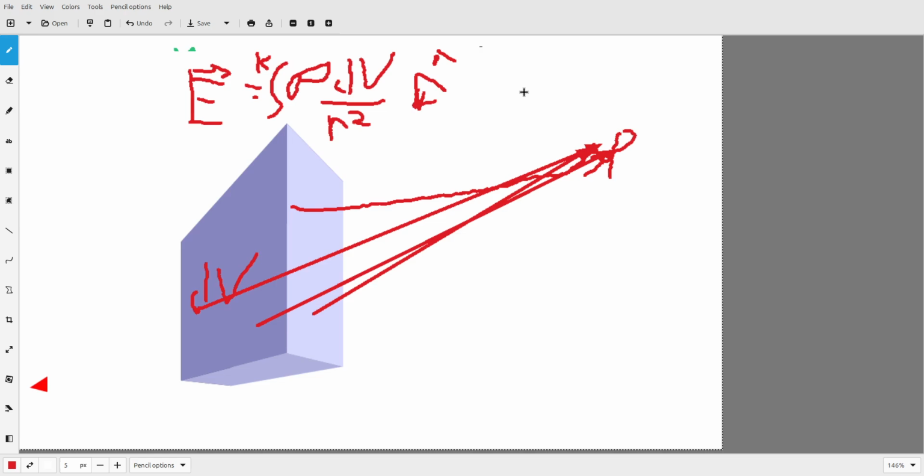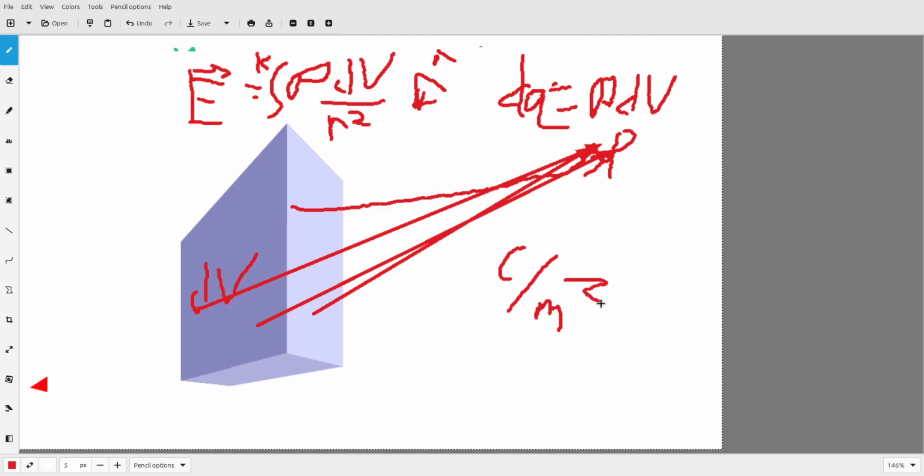And for a three-dimensional object, dq is rho dV, and this rho, the Greek letter rho, is for your charge density. This is an actual density. It's coulombs per cubic meter in MKS units, charge per unit volume. Just like mass density, you learn from mechanics, is mass per unit volume, charge density is charge per unit volume.